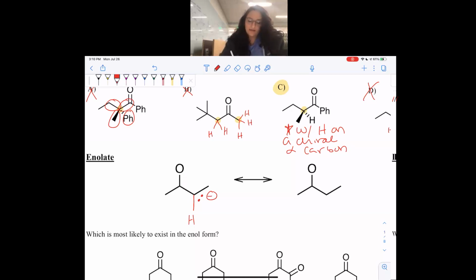And we know that the resonance structure would be moving this electron here to form a double bond and pushing this double bond up. So once we do that, we get a negative charge on the oxygen, a double bond here, and of course we have our hydrogen present. So these are resonance structures.